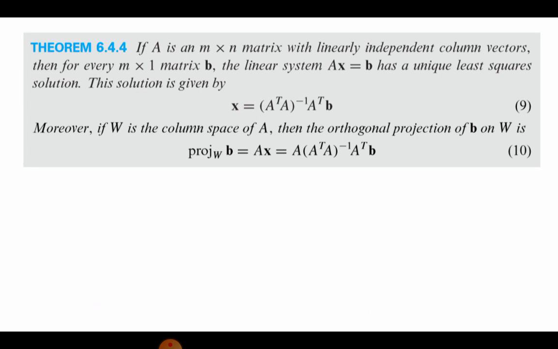This solution is given by X equals (A transpose A) inverse A transpose B. Moreover, if W is the column space of A, then the orthogonal projection of B on W is projection of B on W equals AX, which is A times (A transpose A) inverse times A transpose B.